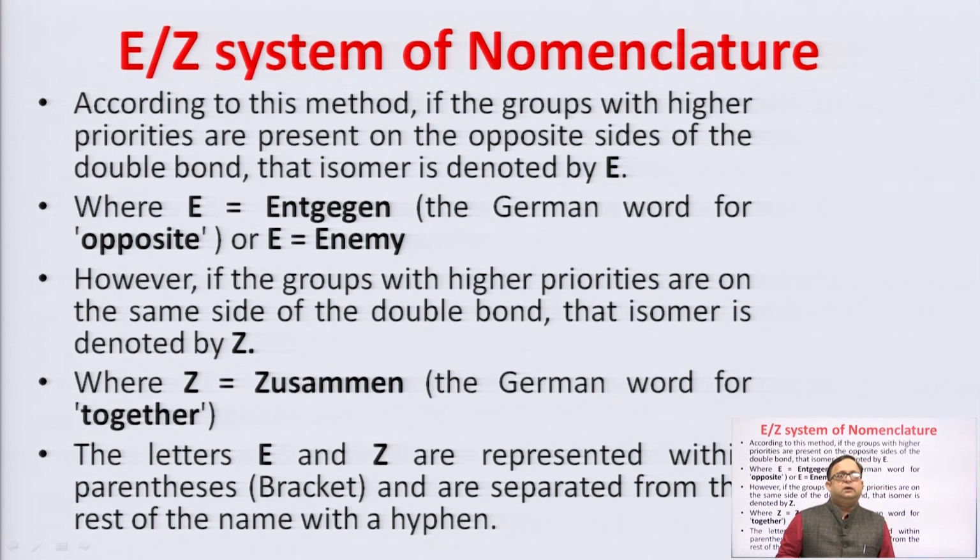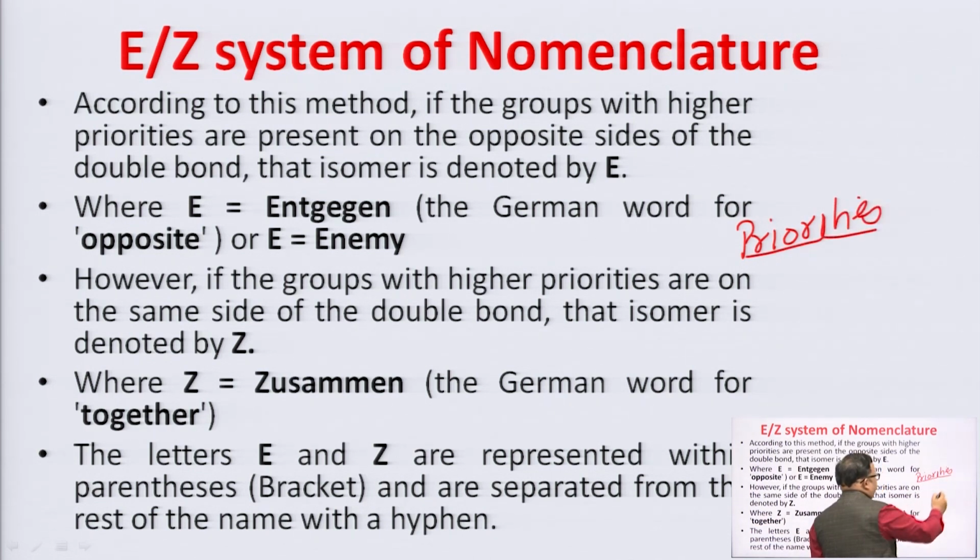According to this method, we have to assign priorities to the substituents. We have to give them higher priorities and lower priorities.